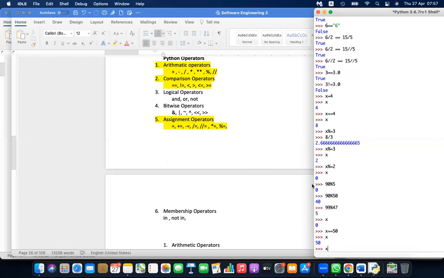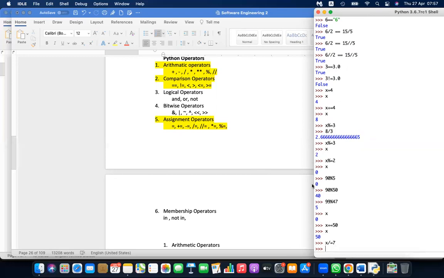Now if I say x division equal 7, so what will be the value of x? So it'd be 50 divided by 7. Yeah. And assign back to the variable x. So what is the value?